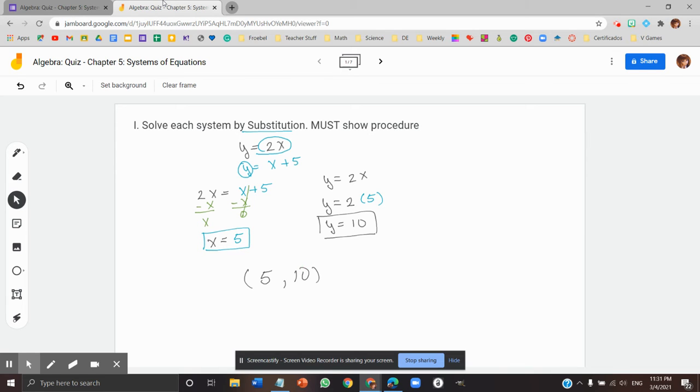Oh, that was an ugly 10. Sorry. There we go. That's a prettier one. And that will be my answer. This is the format of the answer that I'm putting in that quiz. Because this is my x, this is my y.